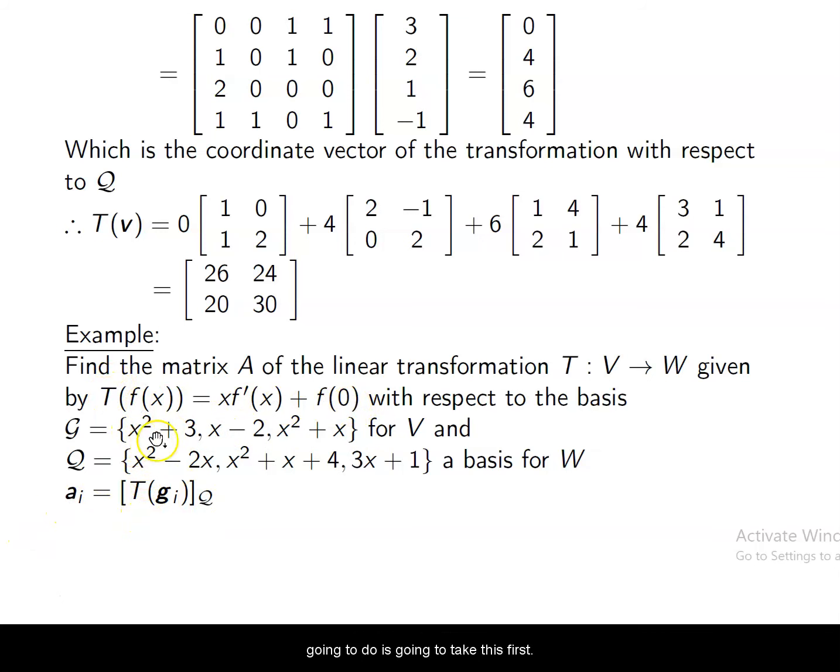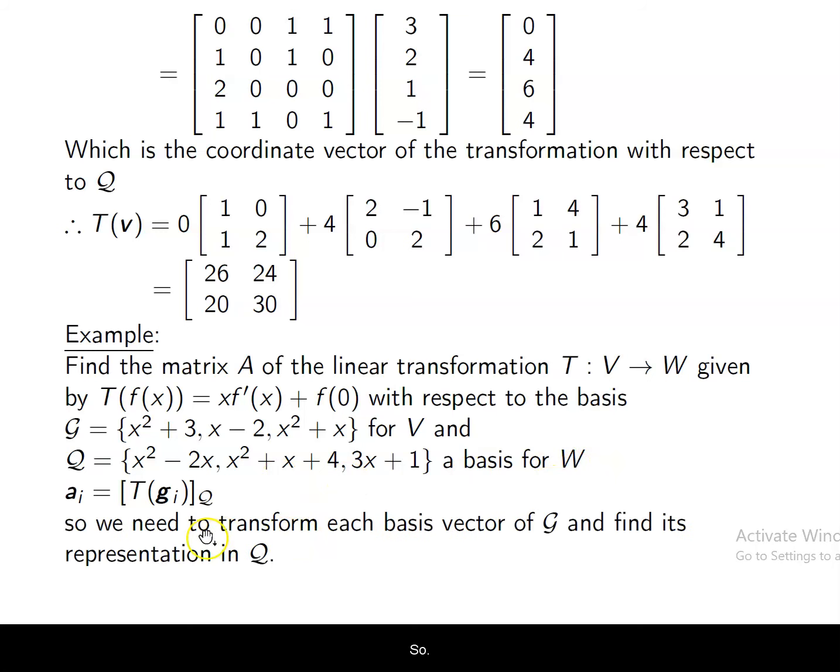So I'm going to take this first basis vector, transform it as given by my transformation, and then make sure it's represented in terms of this basis Q. So again, take G1, G2, G3, transform each one, and then write each of those transformations in terms of the basis for Q, which is the basis for W.